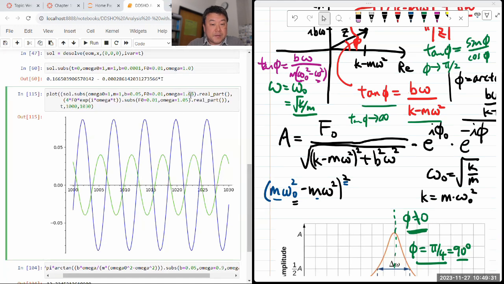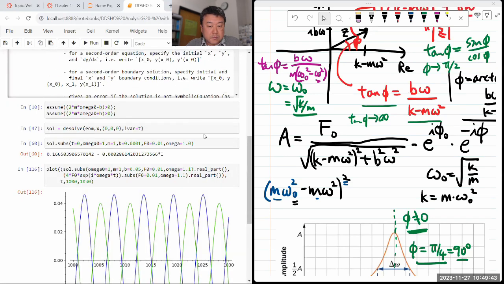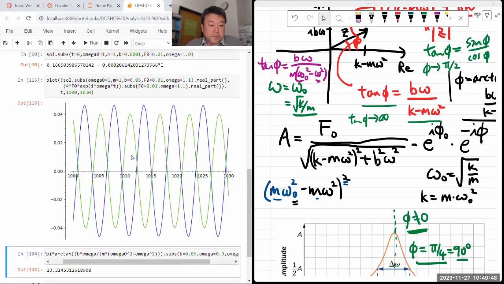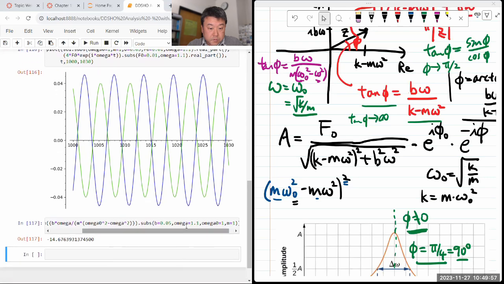And let's say you are at the higher frequency of 1.1, like 10% over the resonance frequency. Then what the math would have said is, because your B is so small, so let me put the numbers in here. So because your B is so small, when your omega is 1.1, it would be minus 14.6. Yeah, I guess I can imagine that.